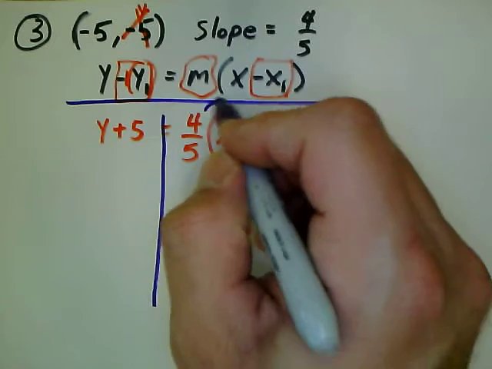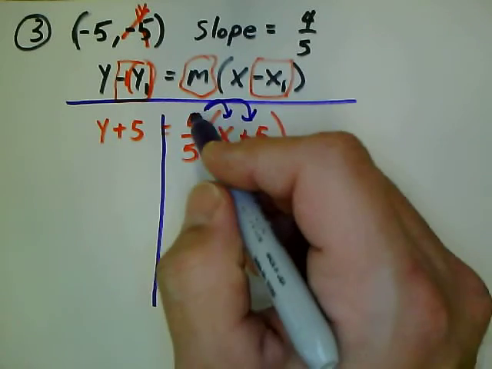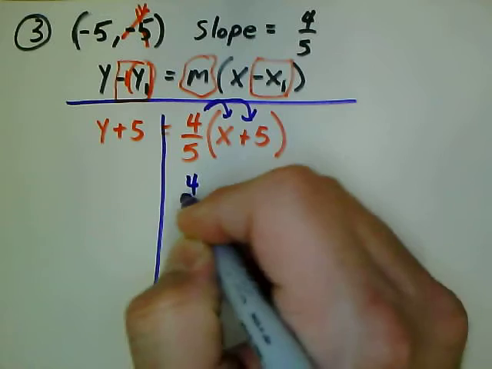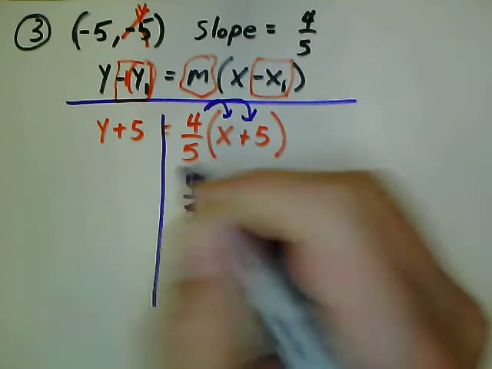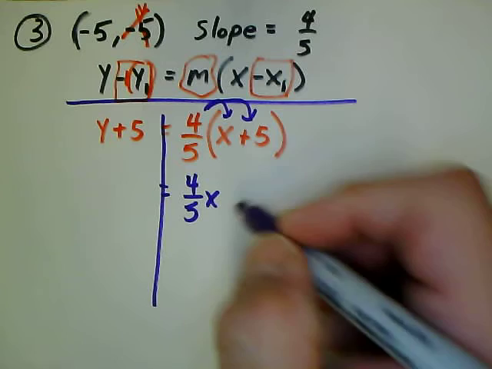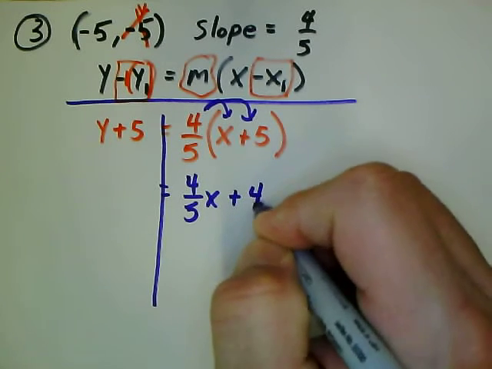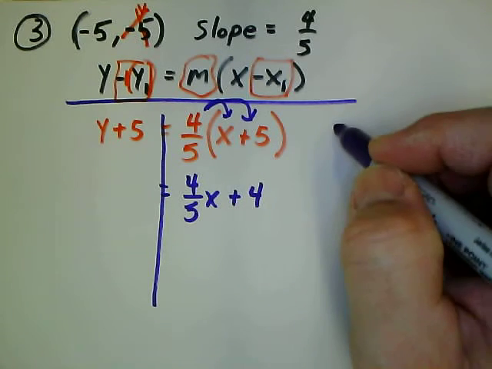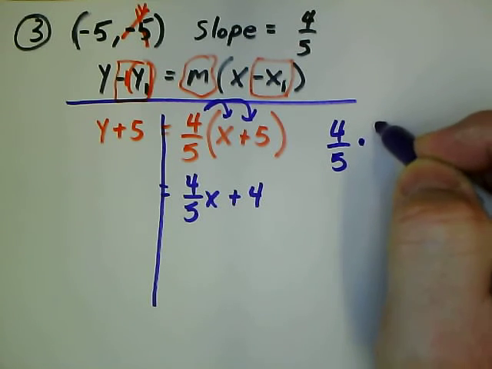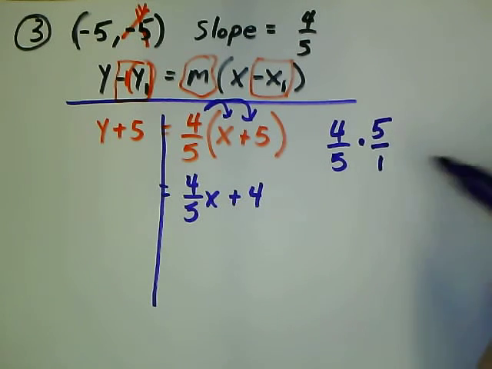Same 2 steps. Distribute. Well, 4/5 times x is 4/5 x. 4/5 times 5, and I can tell you this just because I know fractions, it's 4. And why is that? I know that 5 is 5/1.